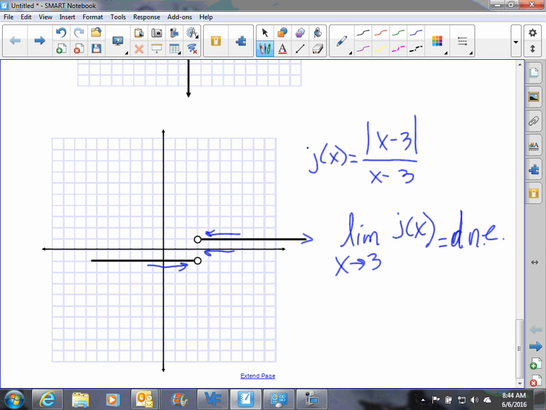So therefore, since we're squeezing in on different values as we approach this constant 3 from different sides, the limit does not exist.